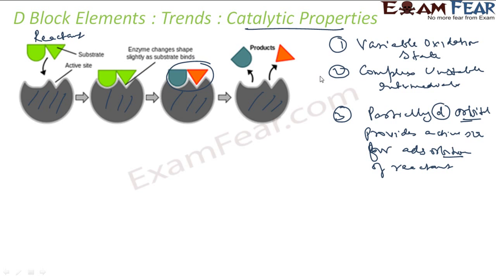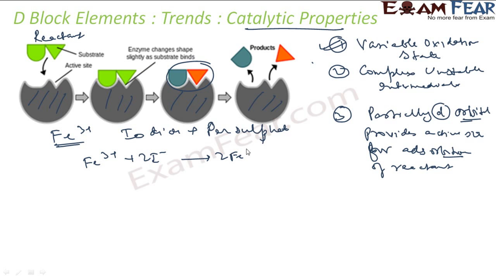Let's see examples of this. First, the variable oxidation state. Fe3+ has the capability of converting to Fe2+ easily, and this catalyzes the reaction between iodide and persulfate. You take Fe3+ and react it with I-.